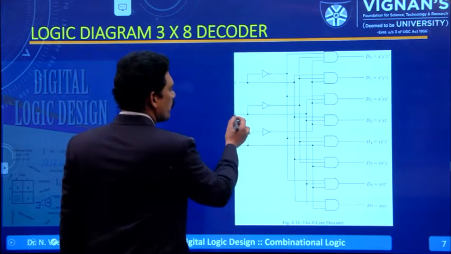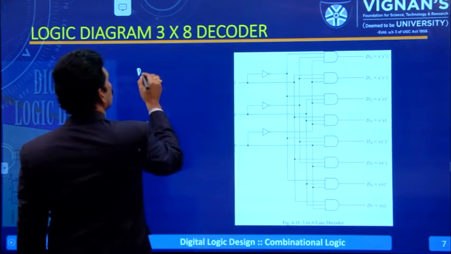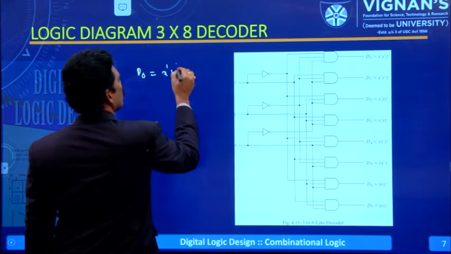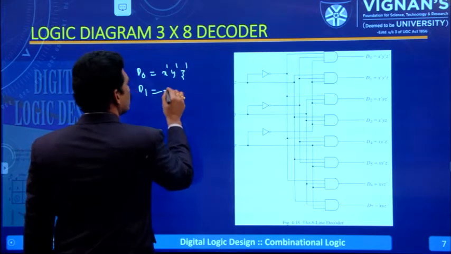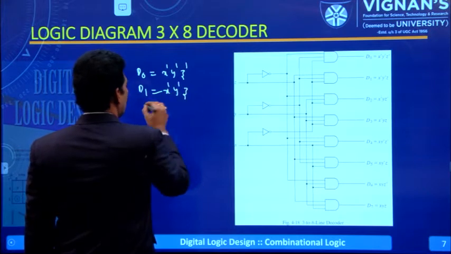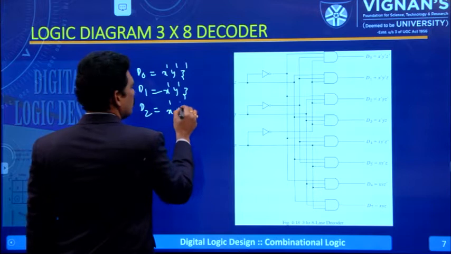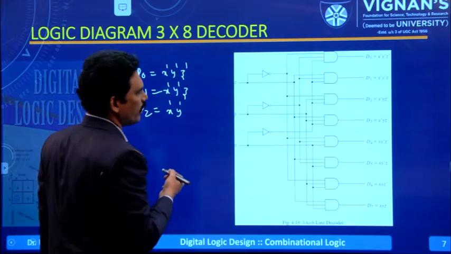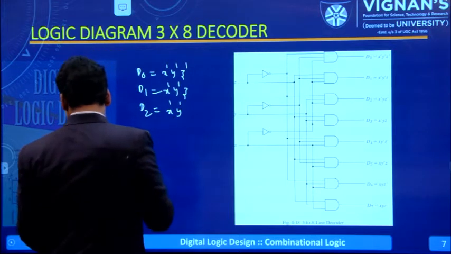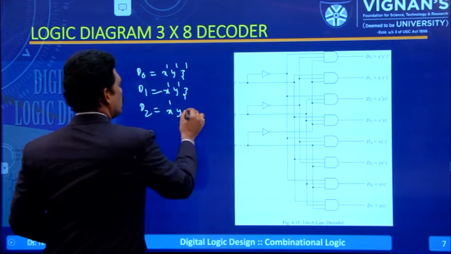D0 is equal to x bar, y bar, z bar, and D1 is equal to x bar, y bar, z, and D2 is equal to x bar, y, z bar.